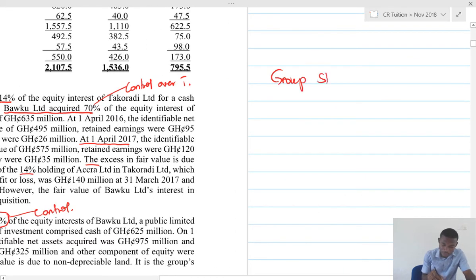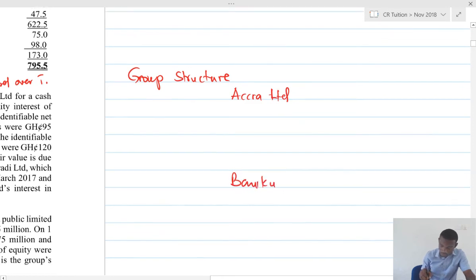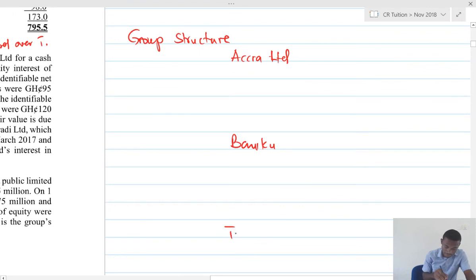So let's say group structure. We have Accra Limited, we have Boko, and we have Takrady. Now this looks like a D shape.